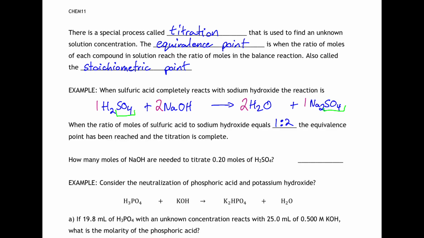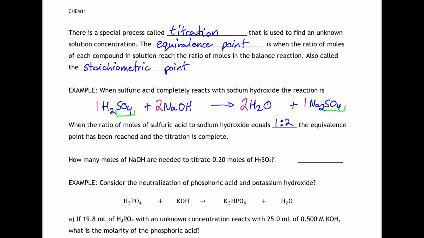So if I have 0.2 moles of sulfuric acid, how many moles of hydroxide do I have? So if I have 0.20 moles of sulfuric acid, how many moles of sodium hydroxide should I have? 4. 4.